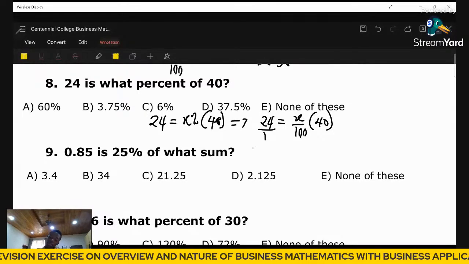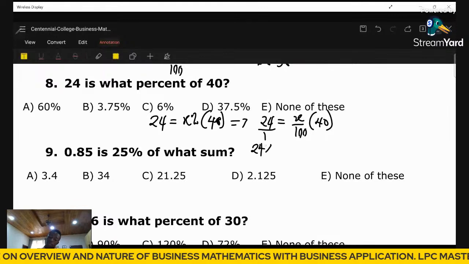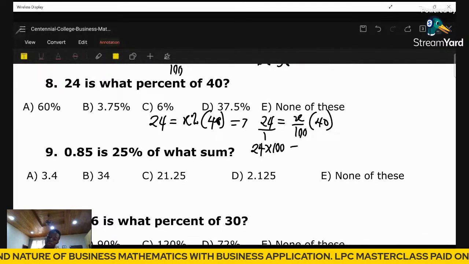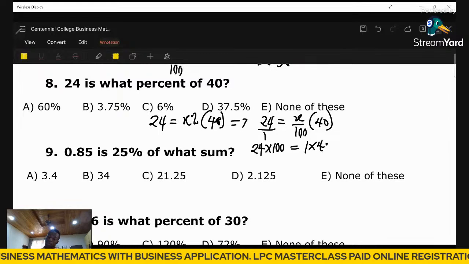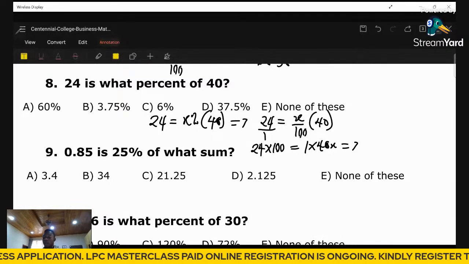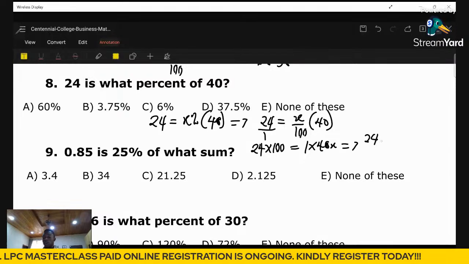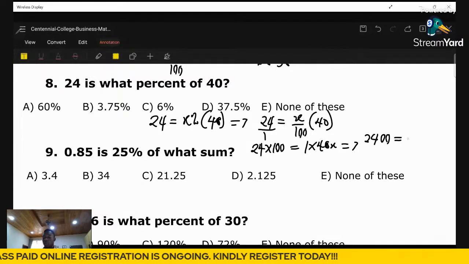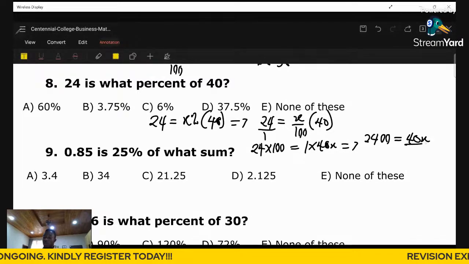So here we are getting 24 multiplying 100, which should be equal to 1 multiplying 40 X. So we get 2,400, which should be equal to 40X. Here we divide both sides by 40.